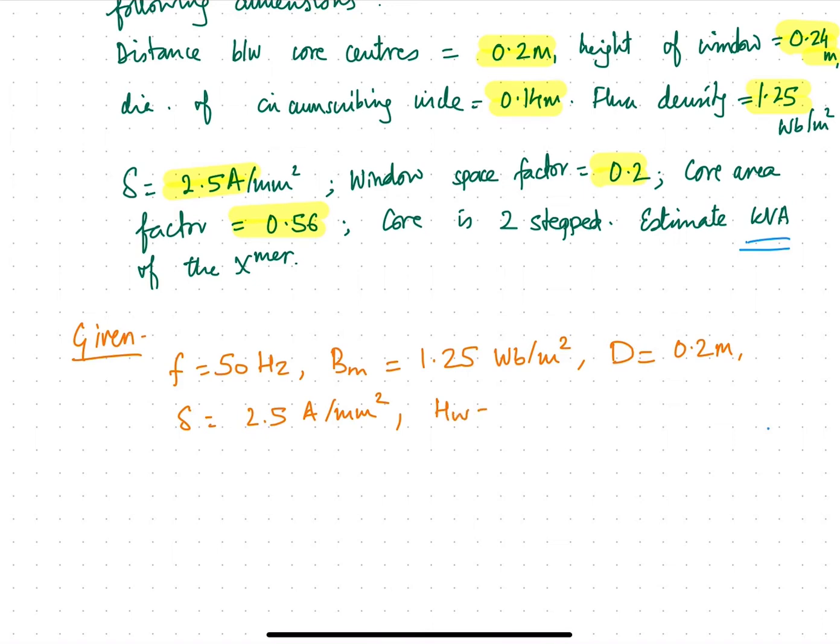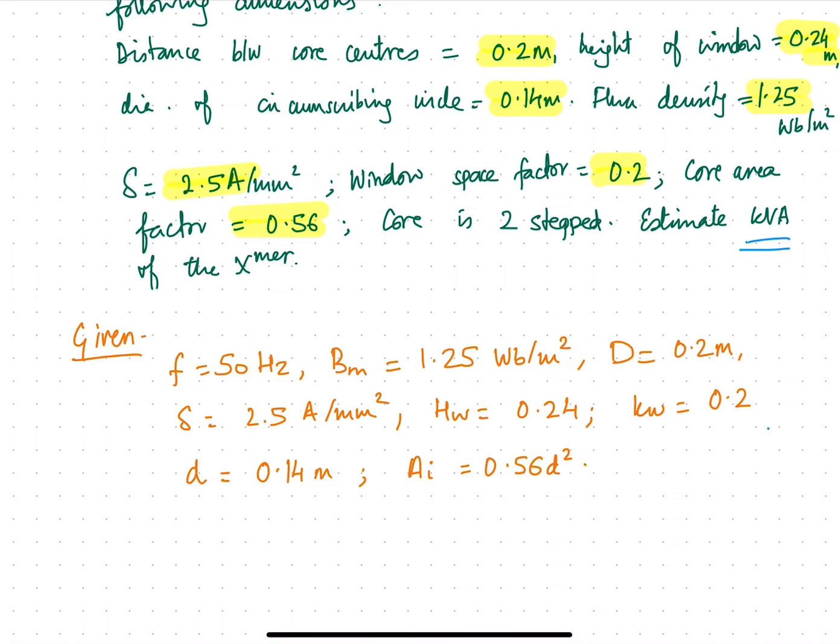Height of the window is 0.24. Window space factor Kw is 0.2. The diameter of the circumscribing circle small d is 0.14 meter, and the net iron area, or the core area, is given to be 0.56 d squared.